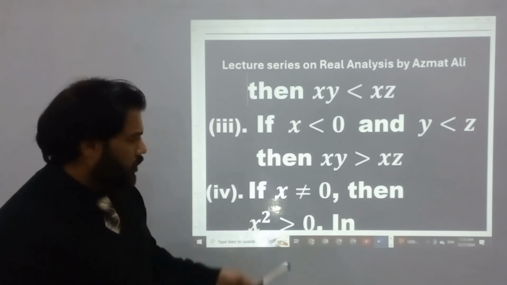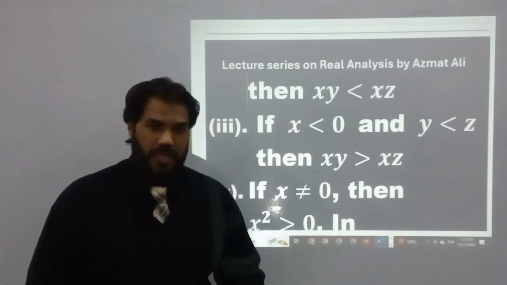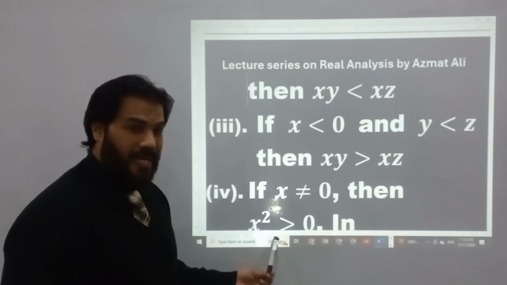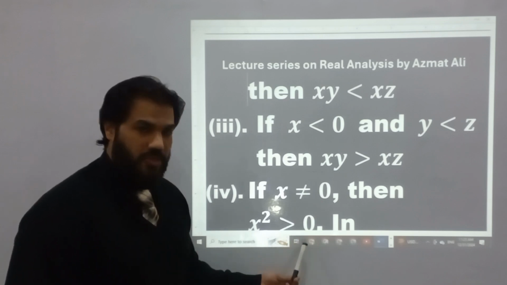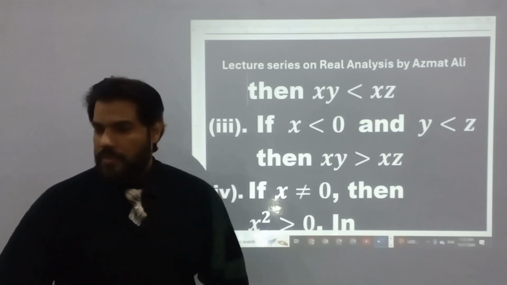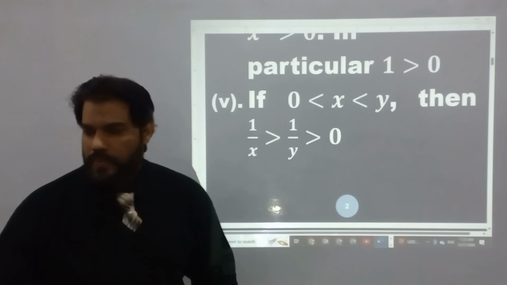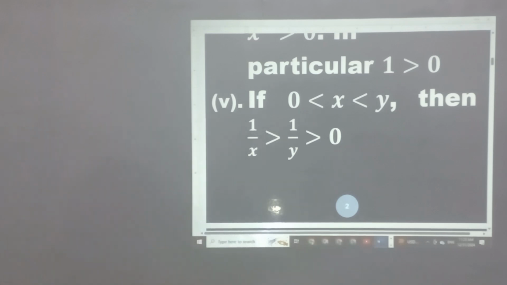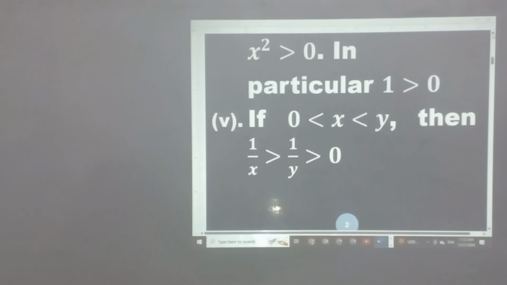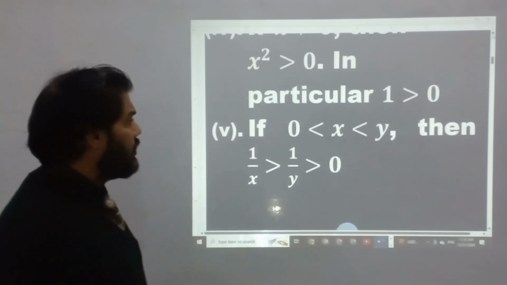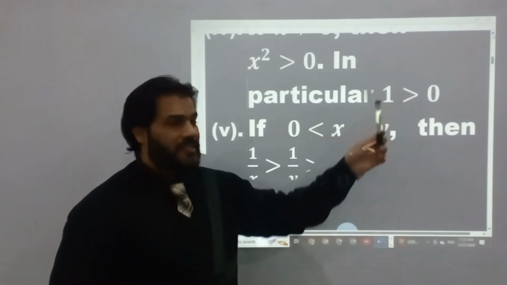Fourth one, if x is a non-zero real number, then its square, x squared, will be greater than 0 always. And in particular, 1 is greater than 0.